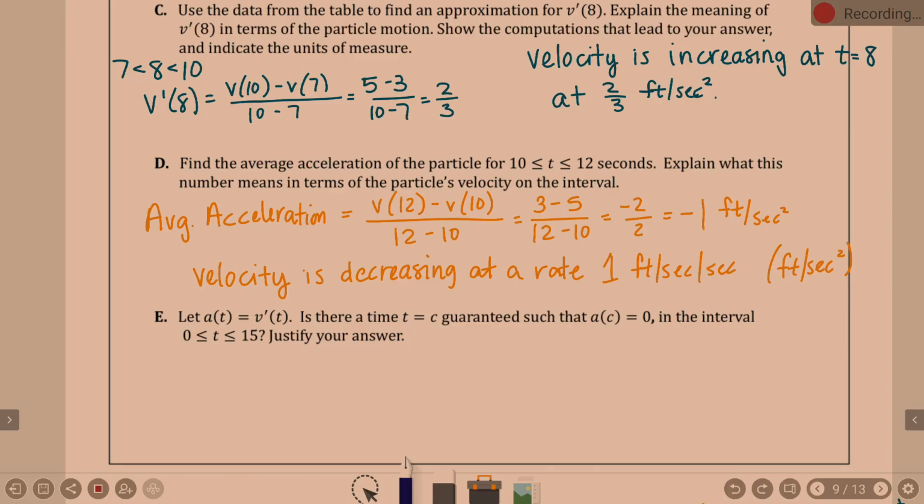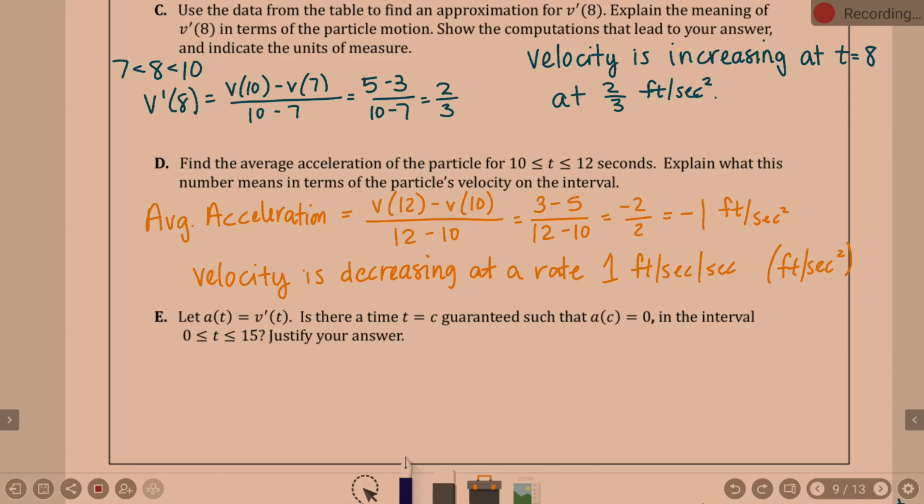Well, what are we looking for? When would acceleration have to equal 0? When the velocity is constant. Don't think in terms of that. When do we talk about when velocity equals 0? X-axis. When it crosses. We're asking when the derivative of velocity equals 0.